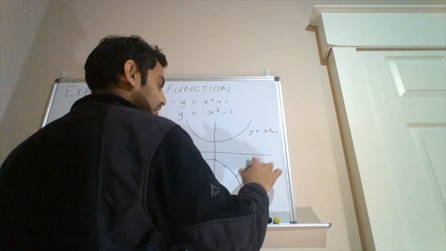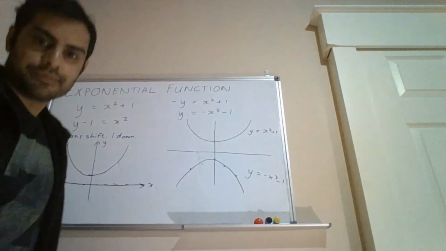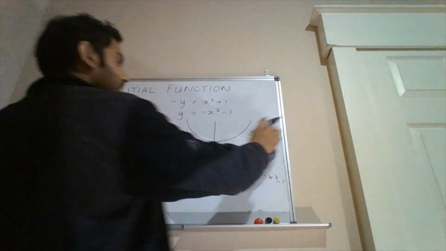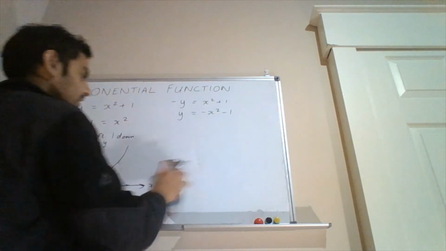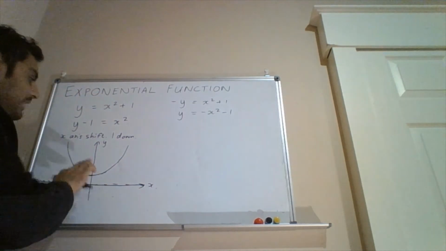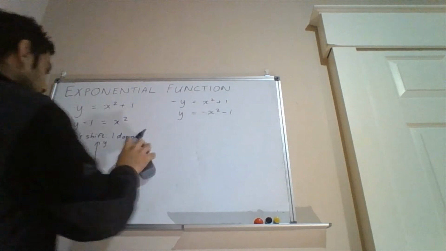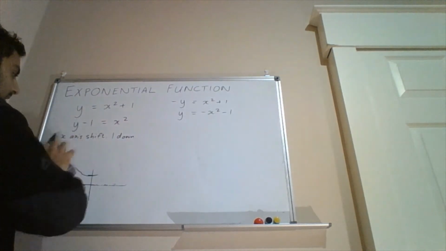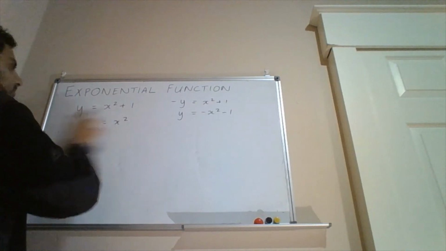This is the reflection, y equals minus x squared minus 1. Now I want to look at a slightly different parabola so I can illustrate reflections about the y-axis. So this one didn't work because the reflection just gives the same equation.